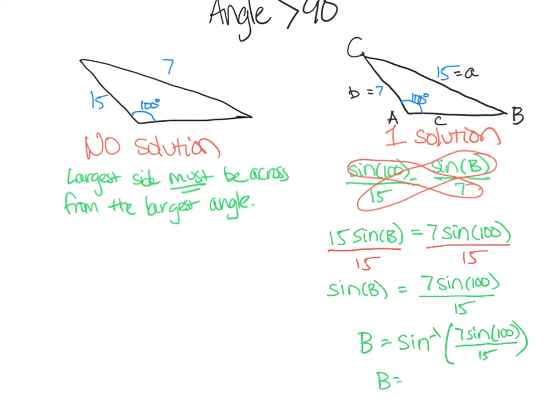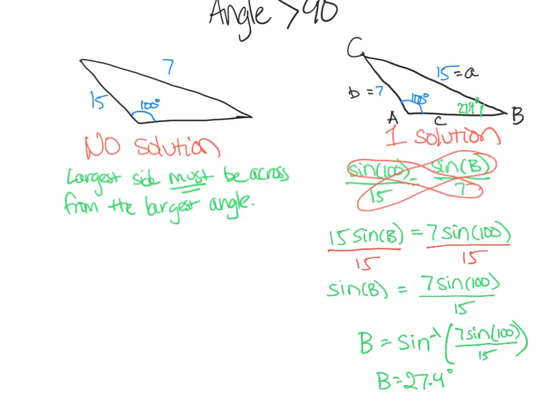When I do this, I get 27.4 degrees. Okay, so I get 27.4 degrees for this one. I'm going to plug that back into my triangle. So it's 27.4 degrees, and I go, hey, you know what? I know two of my angles now.